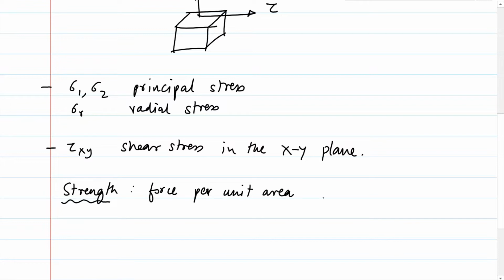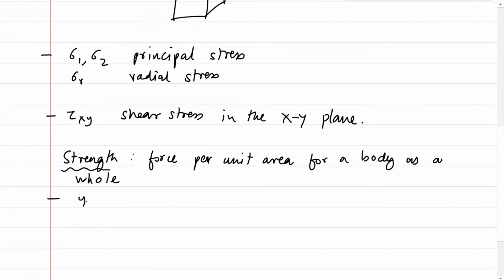And it's for a body as a whole. Okay, and so we'll have what is known as yield strength, which we'll cover a little bit later in the next chapter.